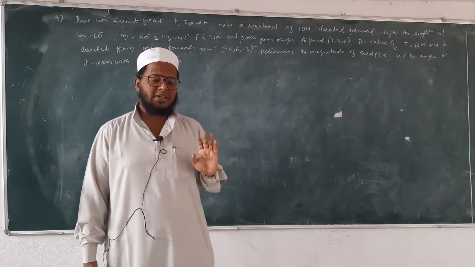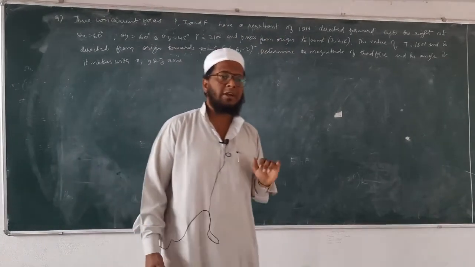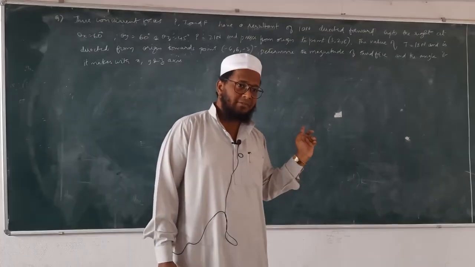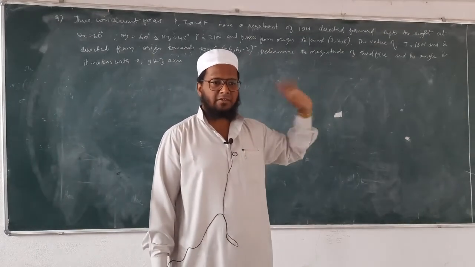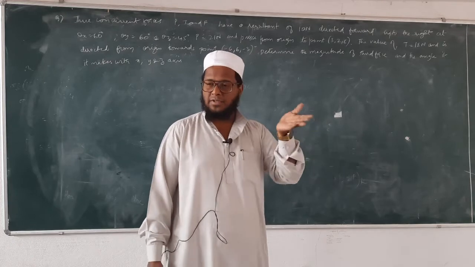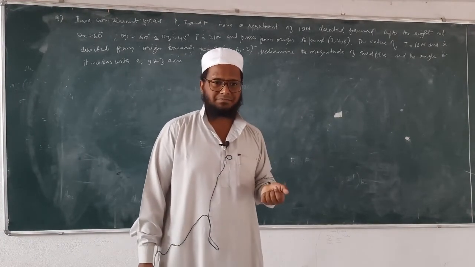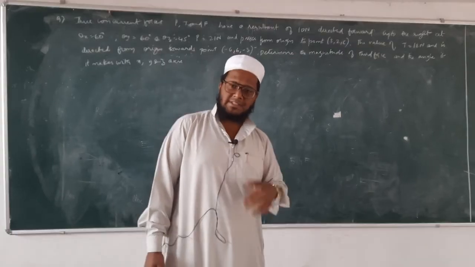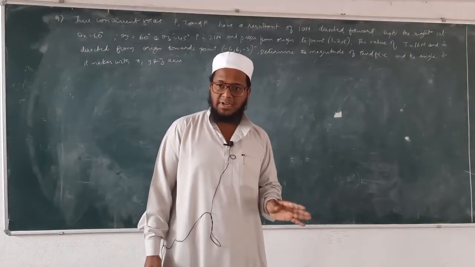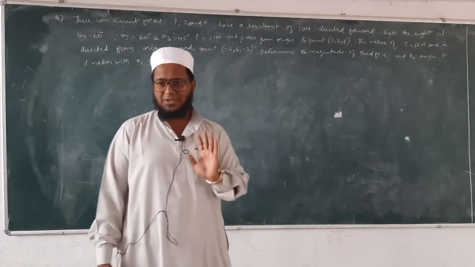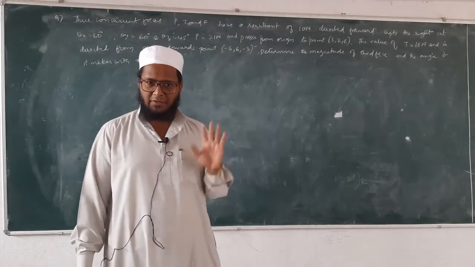Suppose it is given as backward up to the right, then z will be negative whereas x and y will be positive. What do you say if it is mentioned forward down to the left? Y is negative, x is also negative, z is positive, right? You all are aware of this, right?